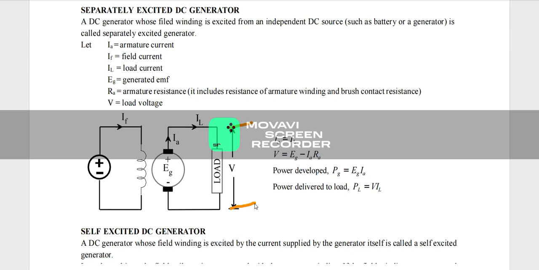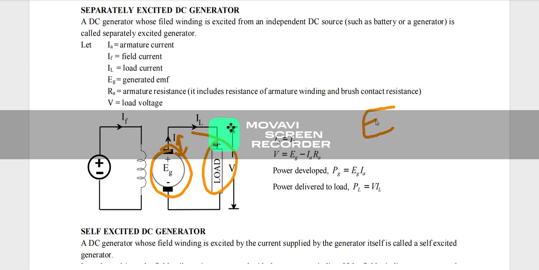What will be the terminal voltage? We can apply Kirchhoff's voltage law to this circuit. We can say that the algebraic sum of the voltages and the resistive drops will be equal to 0, right? So here you can see this EG is the generated EMF that will be dropping across the armature and also the load, right?